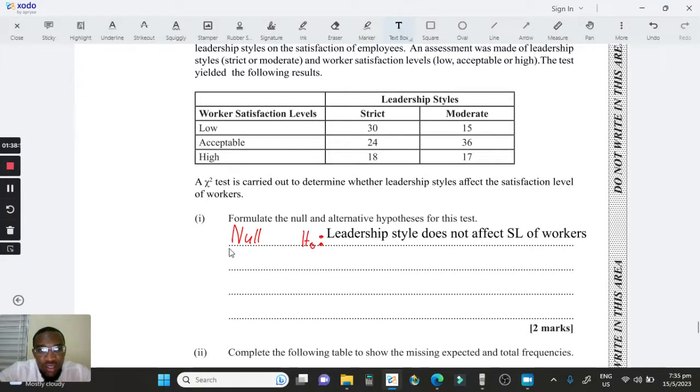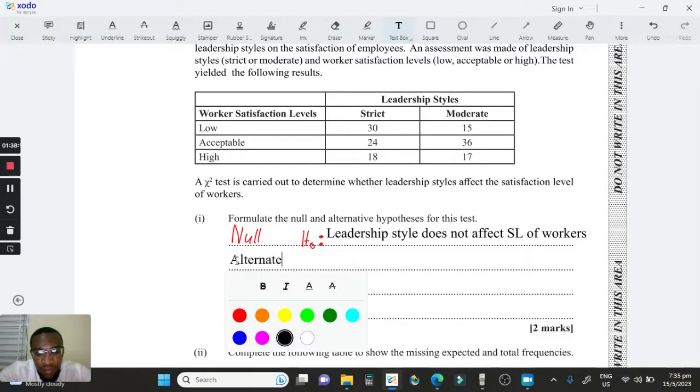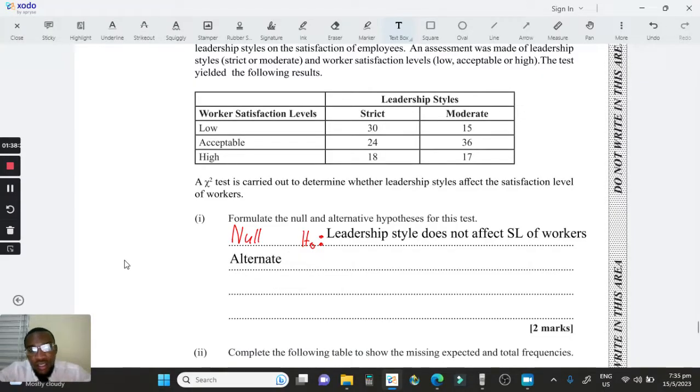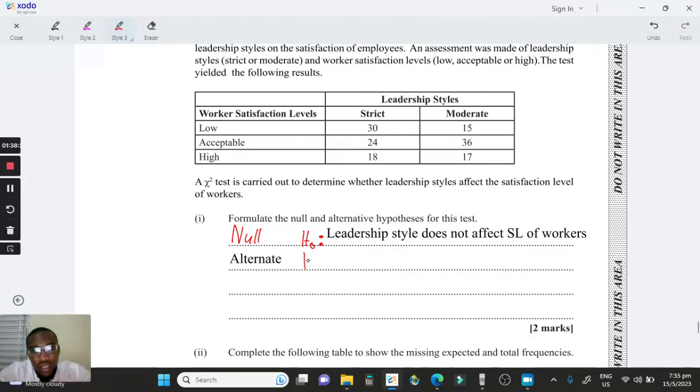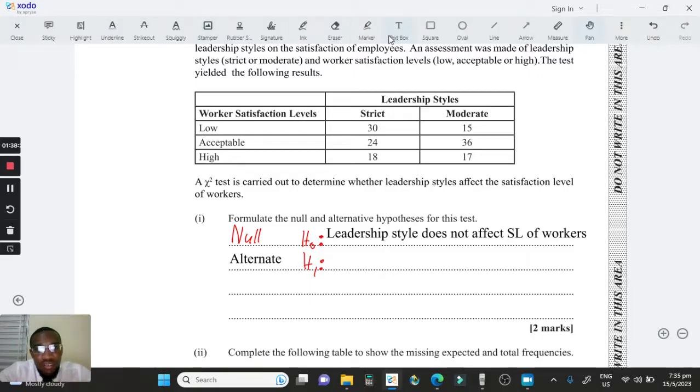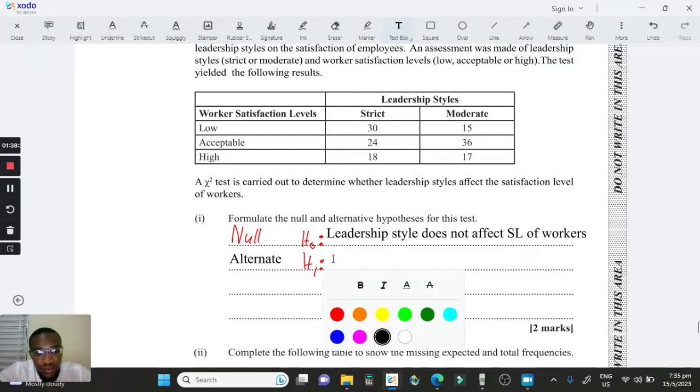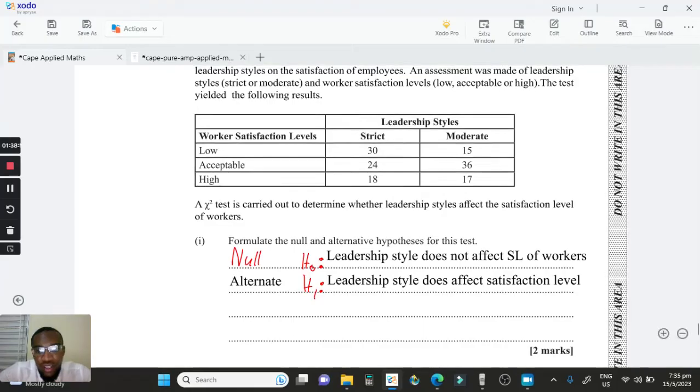Then our alternate, which is our H1, is that of course it does: leadership style does affect satisfaction level of our workers. Alright, so that is our null, that's our alternate.